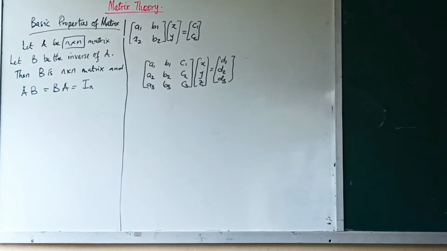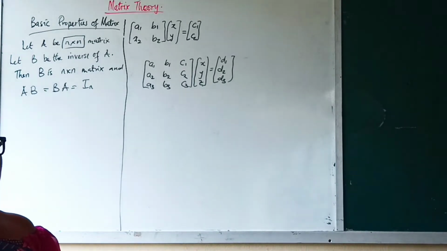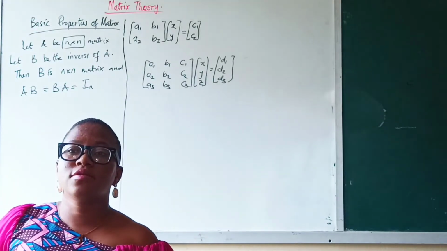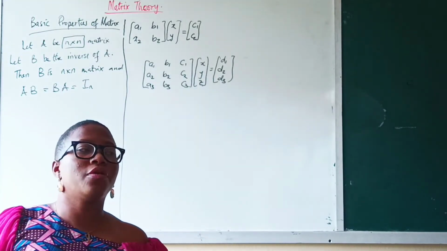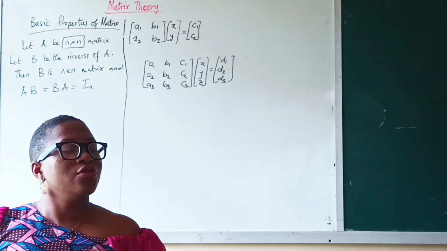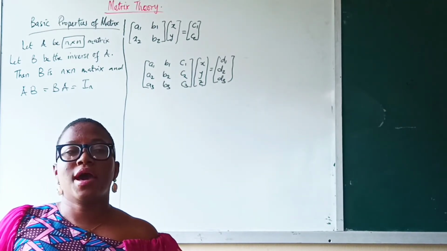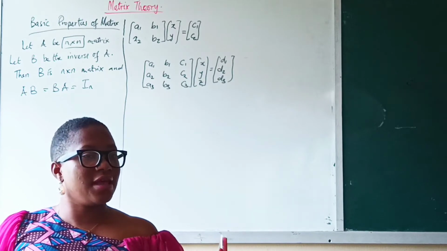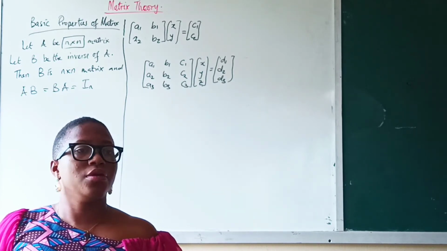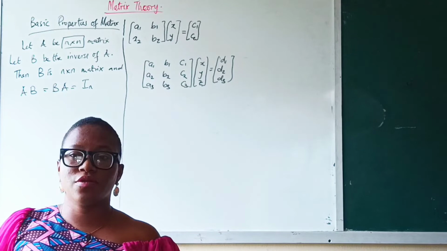Before, we showed you that multiplying from the right may not give you the same result as multiplying from the left. So if I have two matrices such that multiplying from the right and from the left still gives the same matrix, then one must be the inverse of the other.